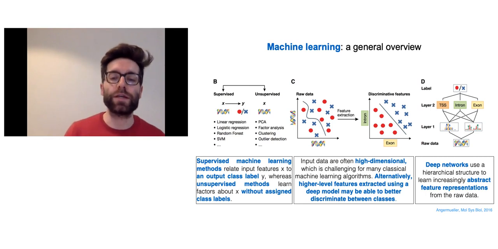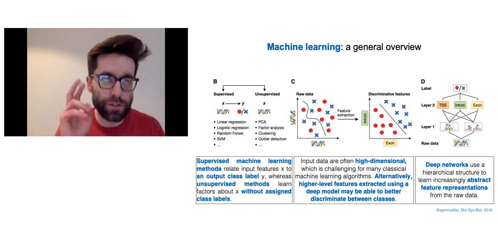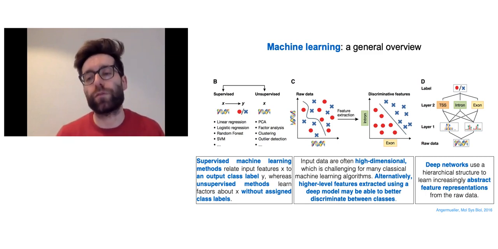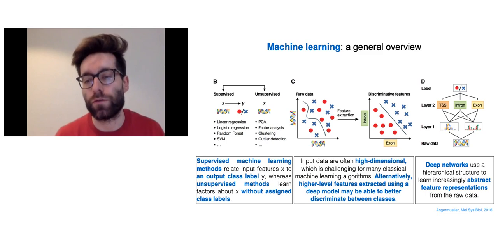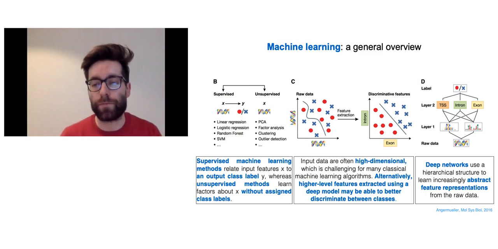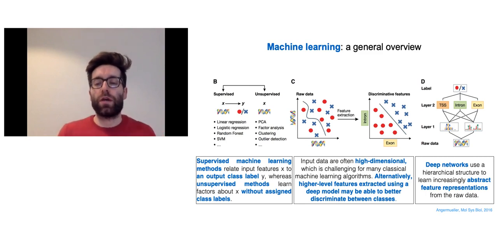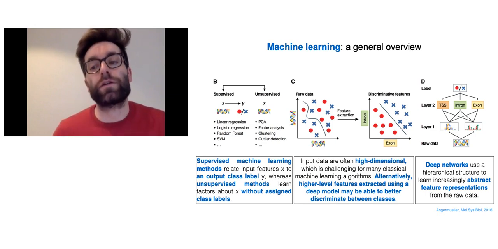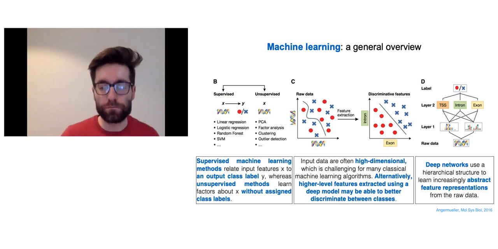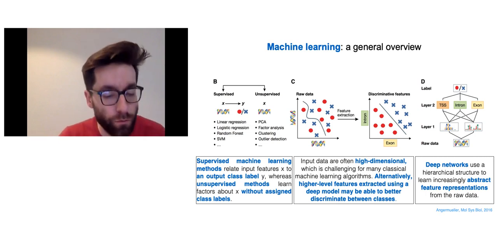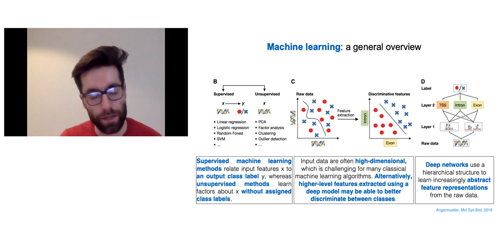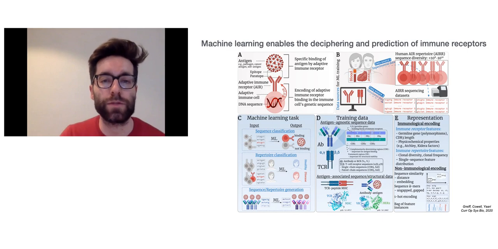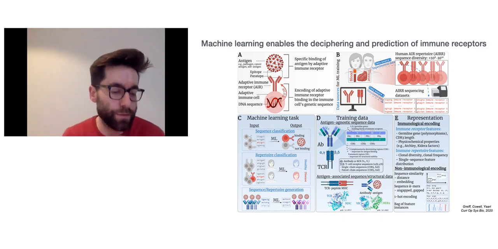And then there can be shallow learning, for example, support vector machines, random forest, and then there are also deep neural networks which can learn abstract feature representations from the data through a hierarchical structure, so many layers. If you want to know more about these things, I put a review there, and there are many other reviews. I will not say more about machine learning specifically.